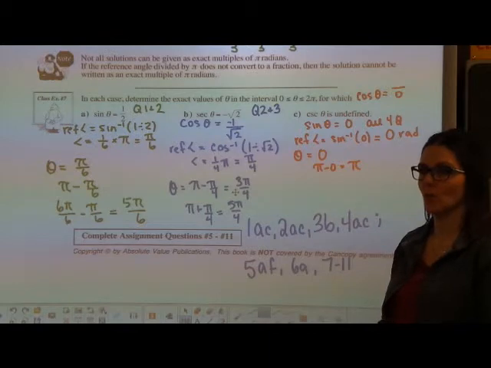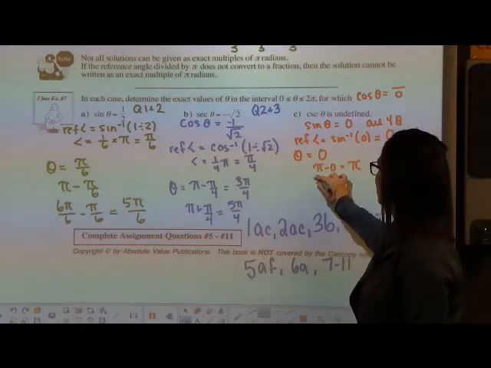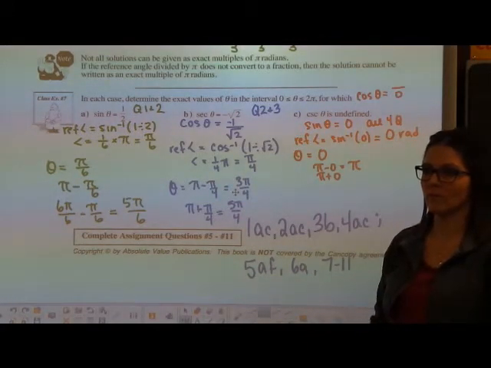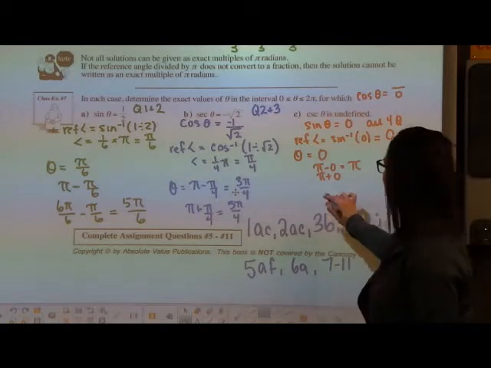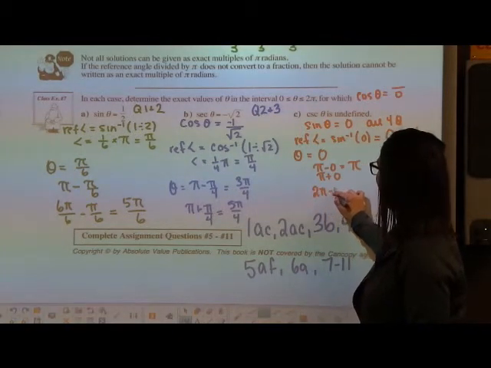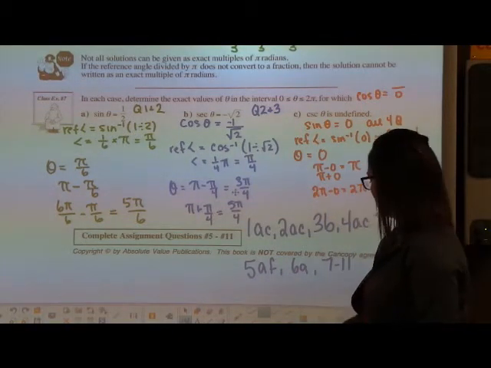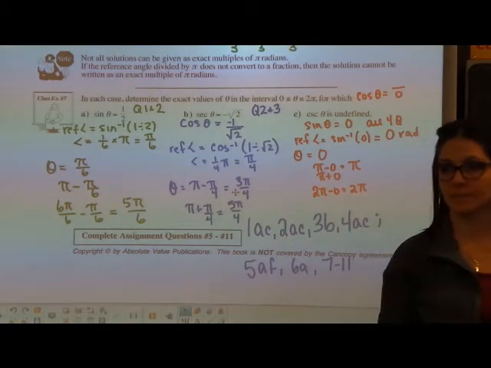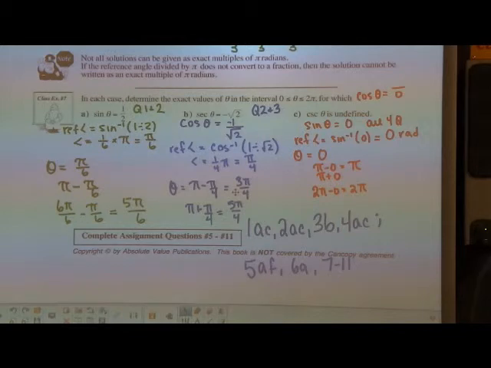And in the third quadrant, how would I calculate it? 2 pi plus 0. Okay. And then in the fourth quadrant, it would be 2 pi minus 0. So then theta could equal 0, pi or 2 pi. Any questions?